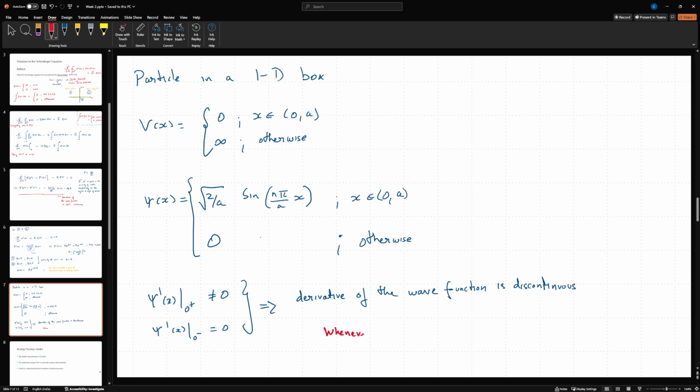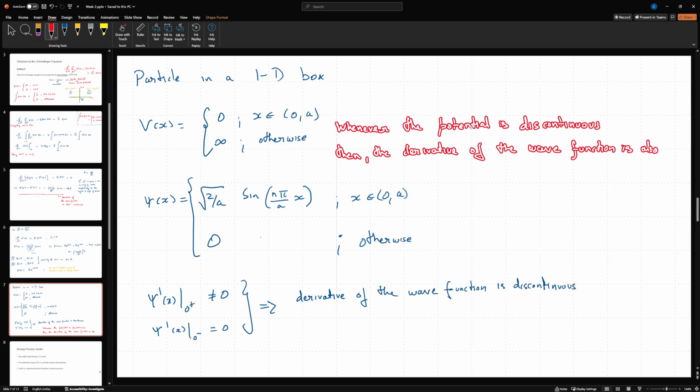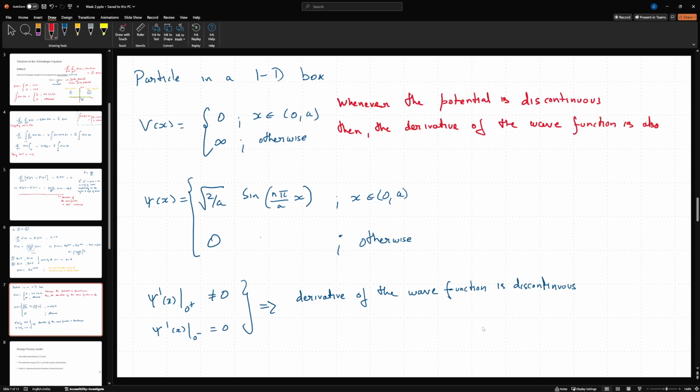Whenever the potential is discontinuous, then the derivative of the wave function is also discontinuous.